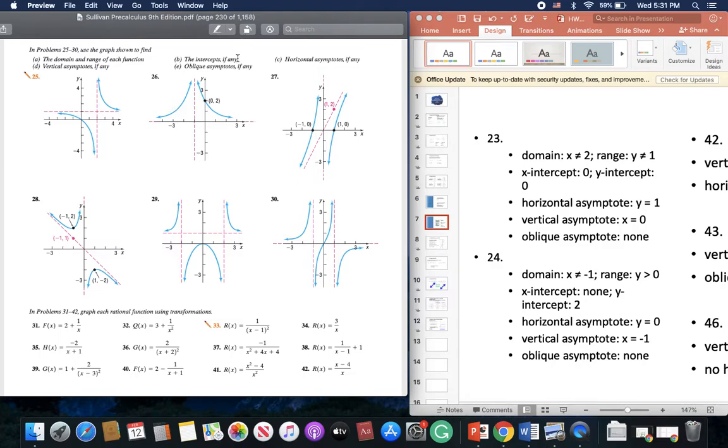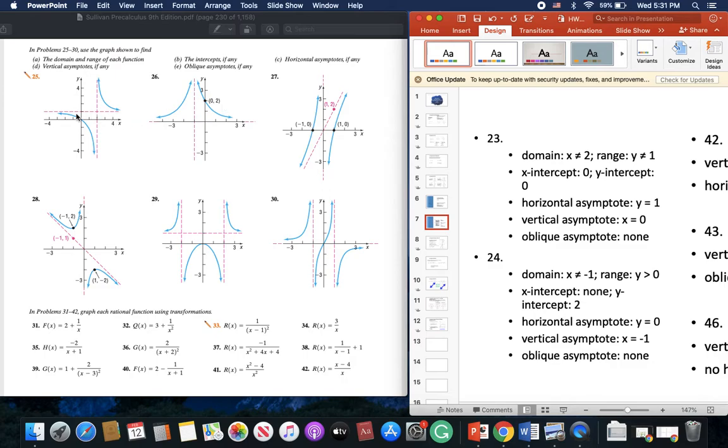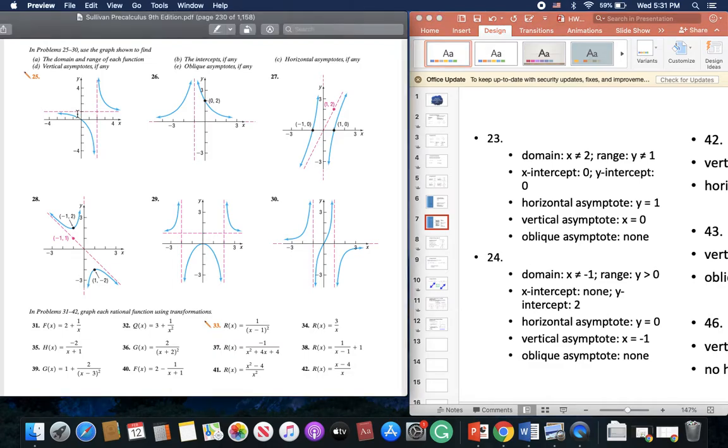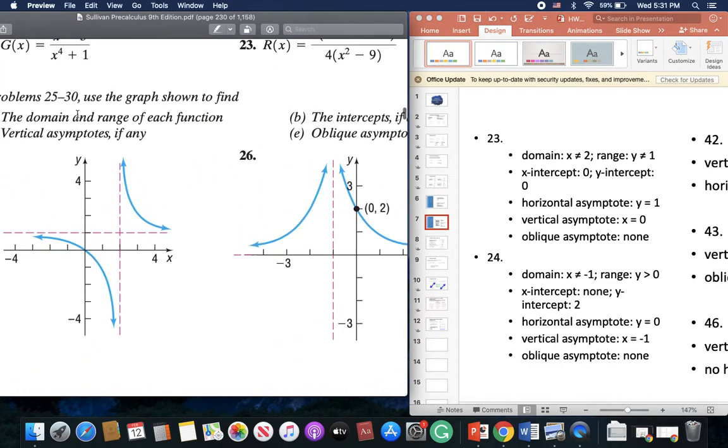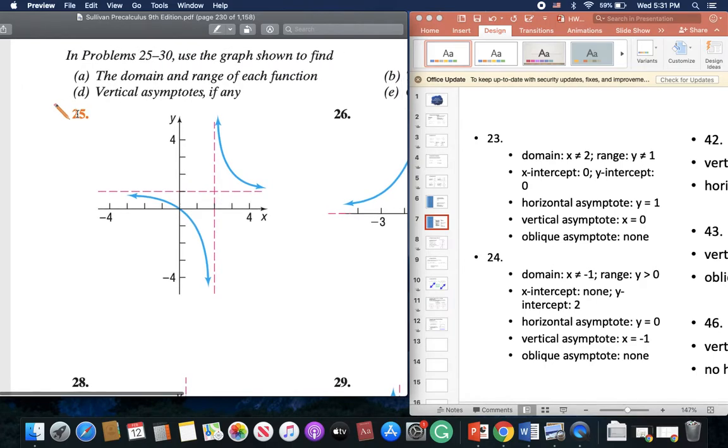Then intercepts. The intercept of this question is just this one, (0, 0). This is the intercept. Then the horizontal asymptote. The horizontal asymptote is just this line, y equals 1. Let me make it bigger. Bigger is better, okay.